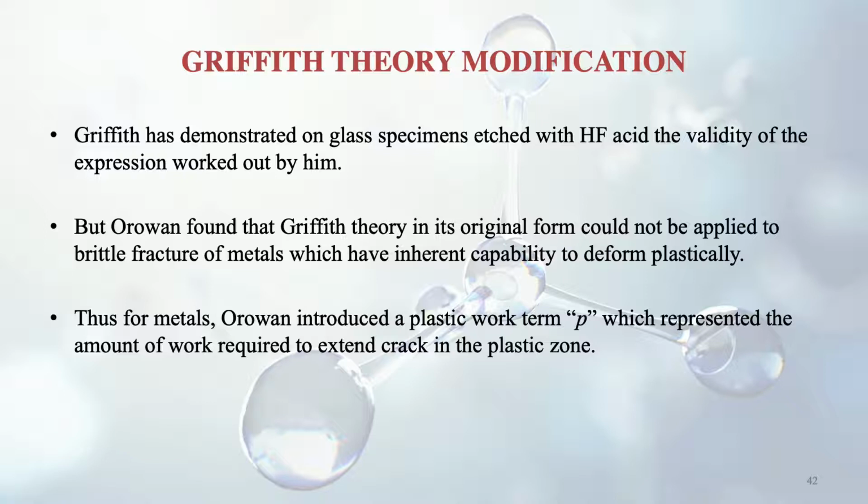Thus for metals, Orowan introduced a plastic work term P, which represented the amount of work required to extend the crack in the plastic zone. So earlier we were taking the material to be completely brittle, but even in brittle fracture some amount of plasticity is there. That's why Orowan took the plastic work term as P, and Griffith hadn't taken that.